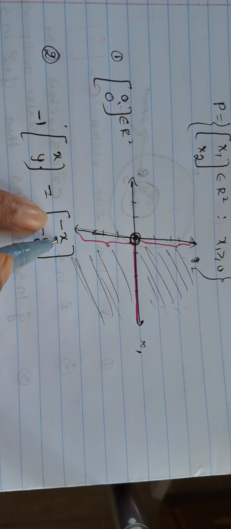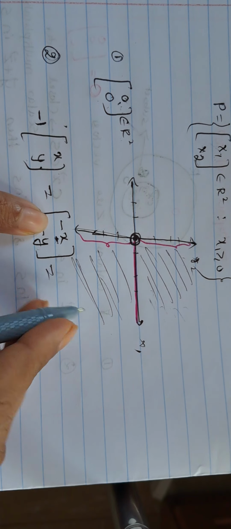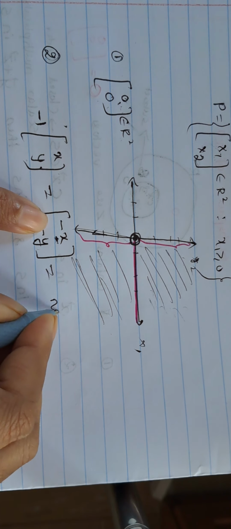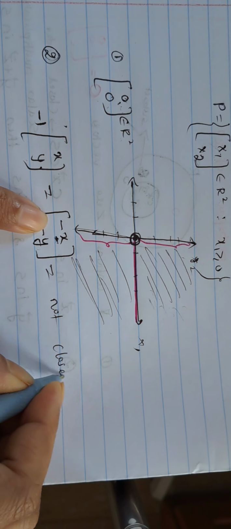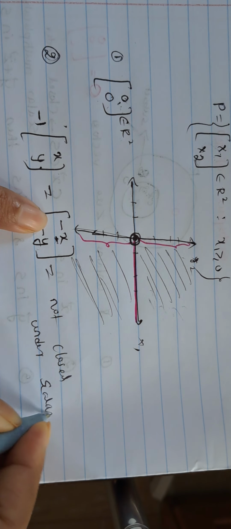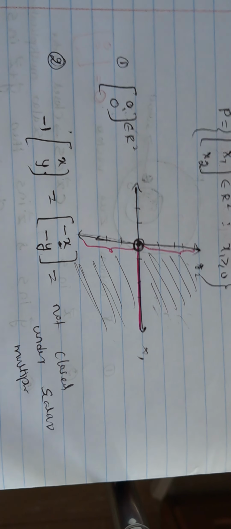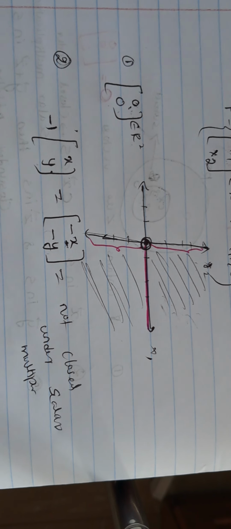Obviously there is no restriction on y, but x has to be greater than or equal to 0. So you can see that this -x is not greater than or equal to 0, hence it fails. Therefore it is not closed under scalar multiplication. Obviously this is enough for us to say that it is not a subspace.